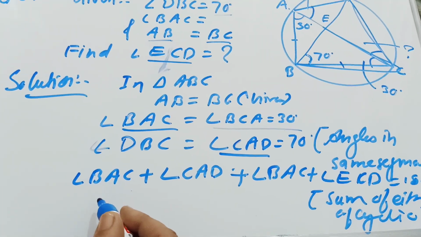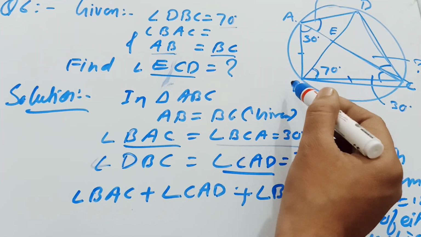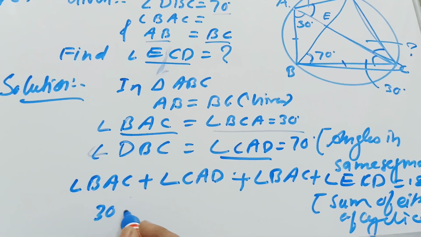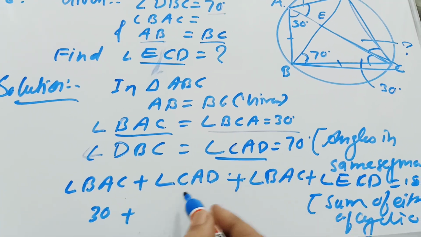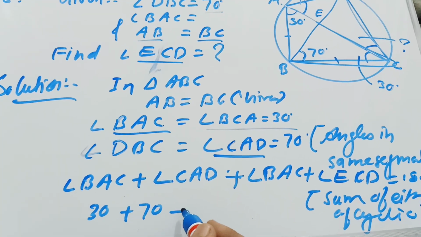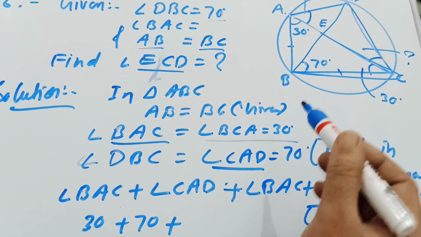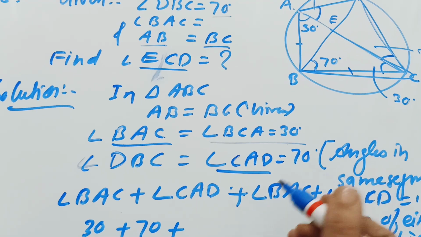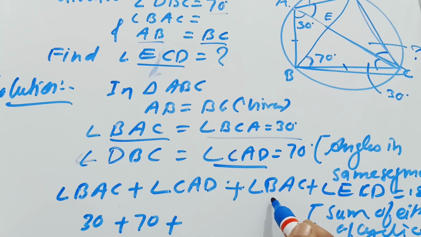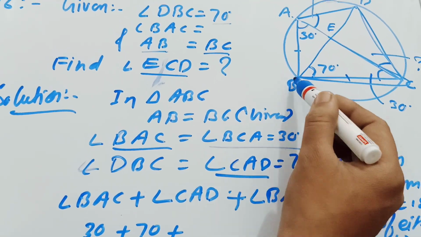So how much is BAC? BAC is 30, CAD is 70 plus BAC is also, this one was BCA.